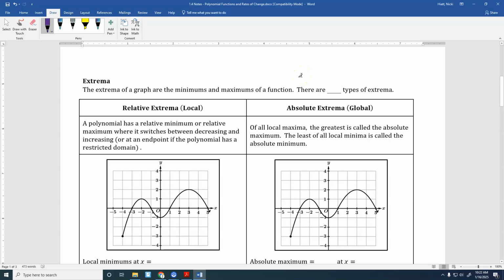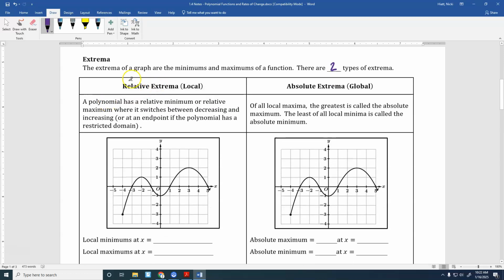So there are 2 types of extrema that you are going to be looking at. There are relative extrema, also sometimes called local extrema, or there are absolute extrema, which are also sometimes called global extrema. They may use either one of these terms interchangeably.